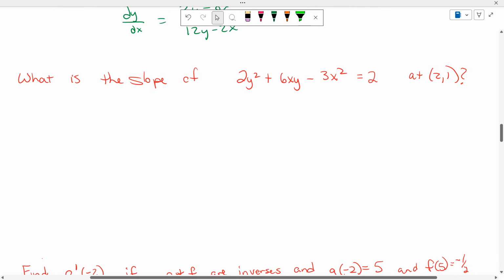What is the slope of this function at that point? What's the first derivative of 2y squared? 4y dy dx plus 6x dy dx plus y times 6 minus 6x equals 0.